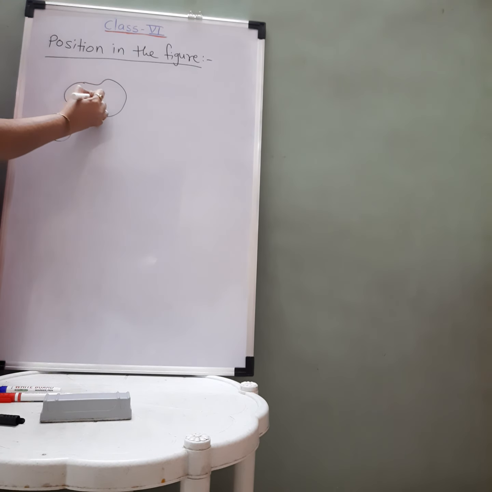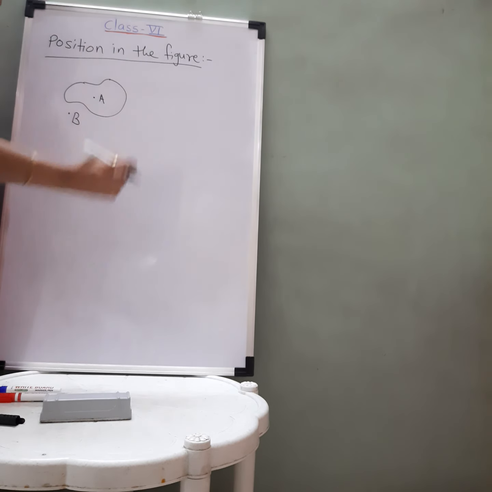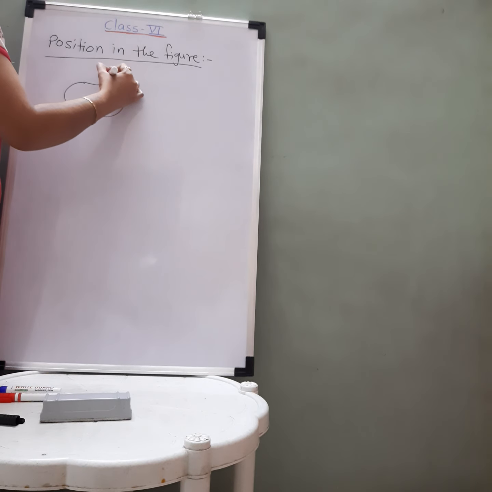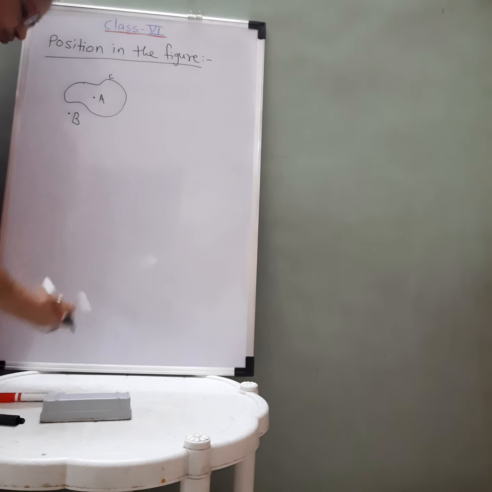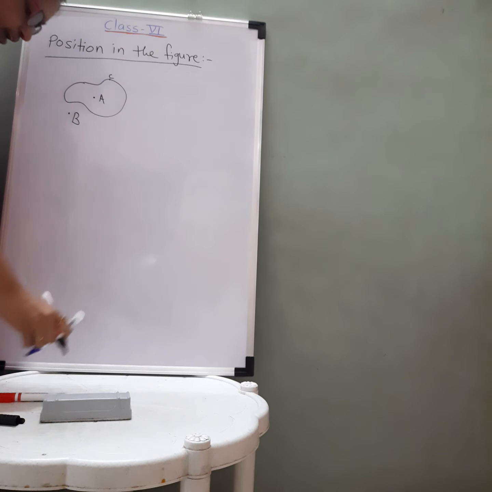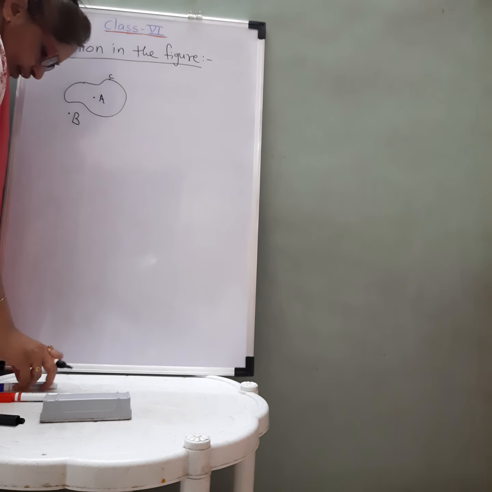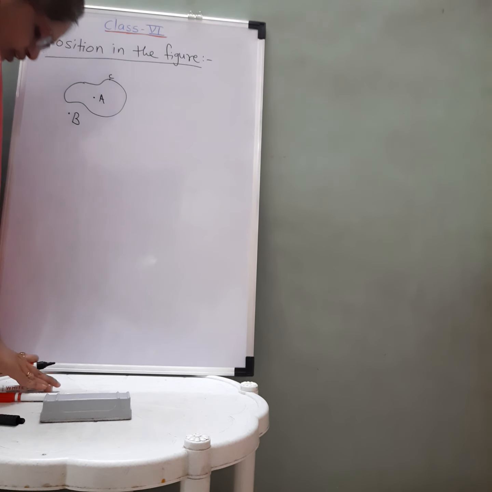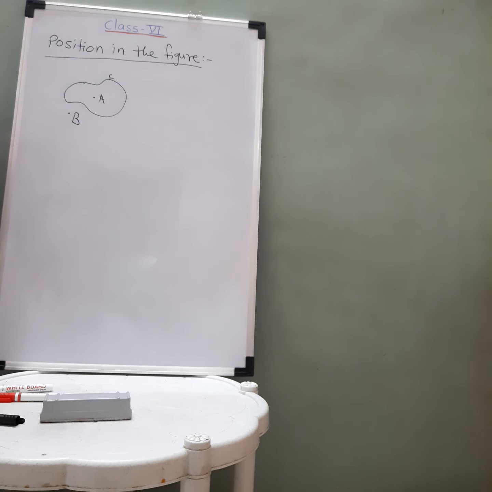This point A is in the interior, point B is in the exterior, and if I mark a point here, that is point C, then point C lies on the boundary of the curve. So it is a closed curve.